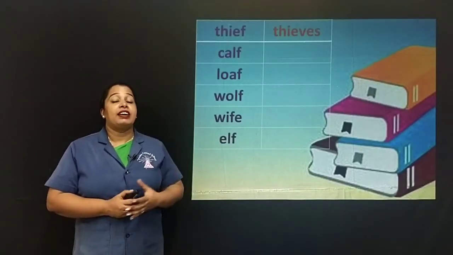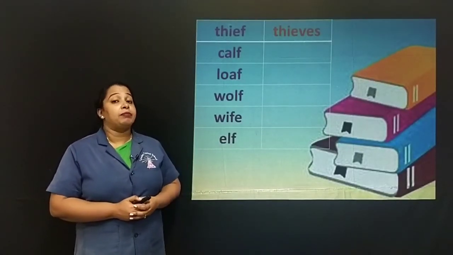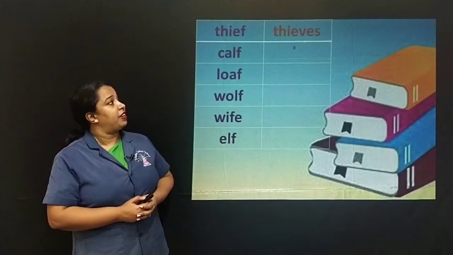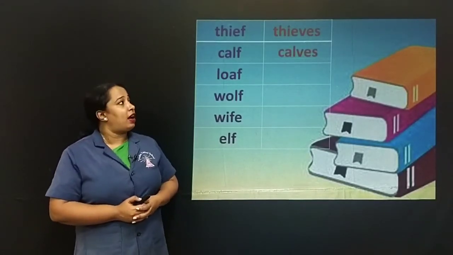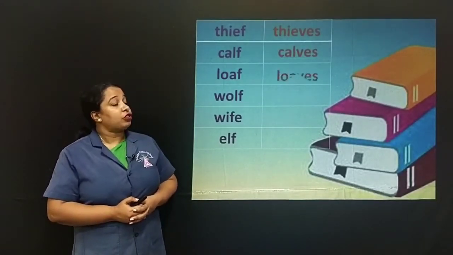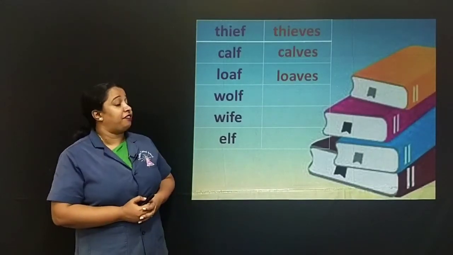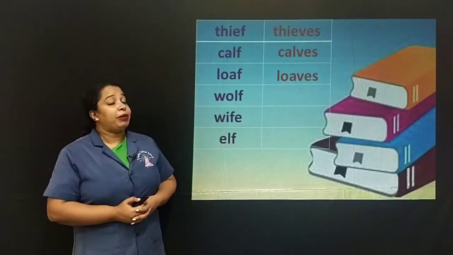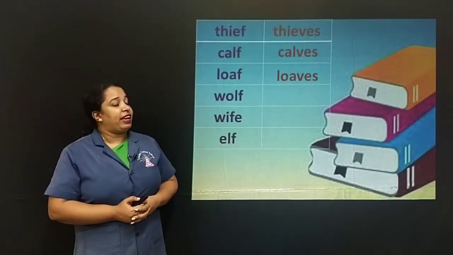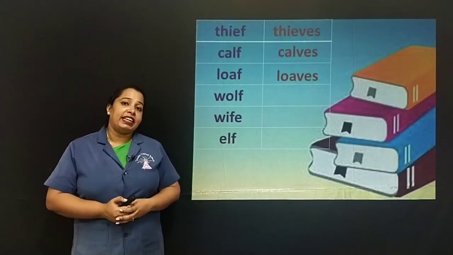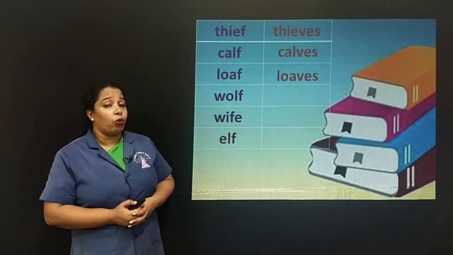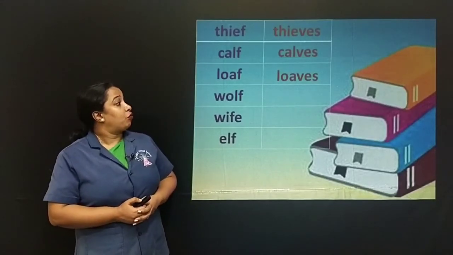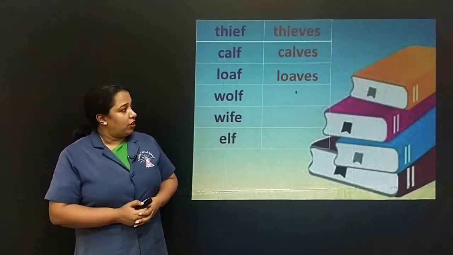So, VES replaces F. It becomes thieves. Calf, calves. In the place of F, we write VES, calves. Loaf, loaves. L-O-A-F is loaf. And when we make it plural, we remove the F and in the place of F, we write VES. It becomes loaves. L-O-A-V-E-S. Wolf, wolves.